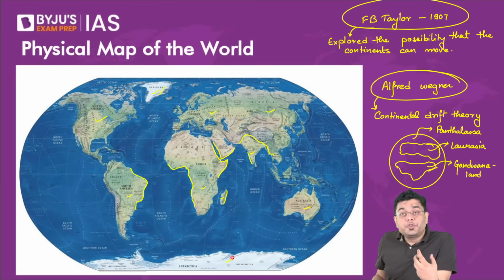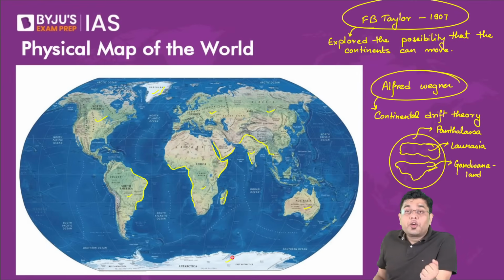But when it came to providing the reason for the same, being a climatologist by profession, Wagner did not have a specialty in that area. So the reasons that he cited were so flawed, so incorrect, that the continental drift theory was completely rejected at that point of time.